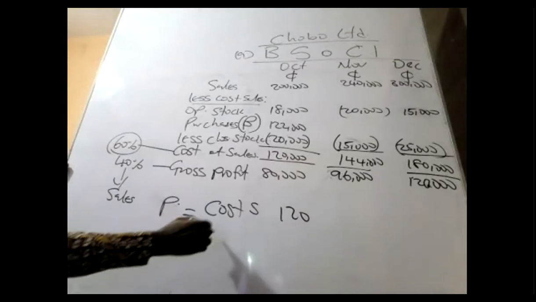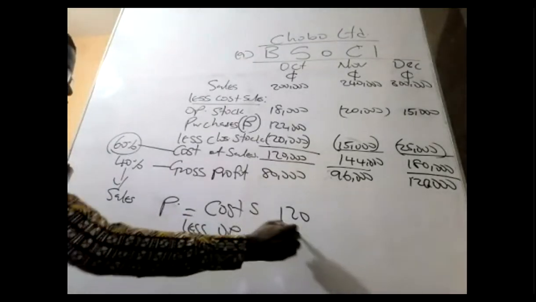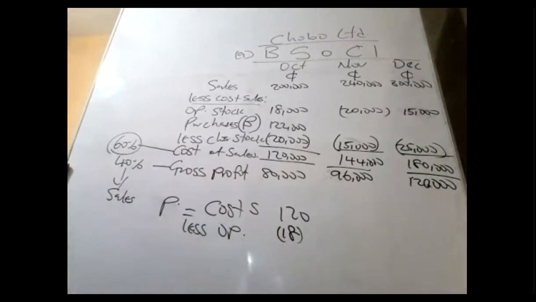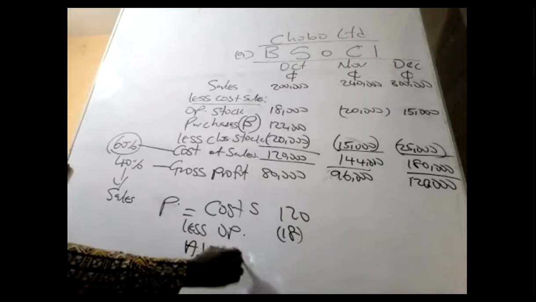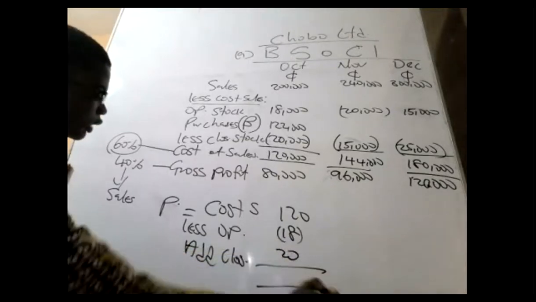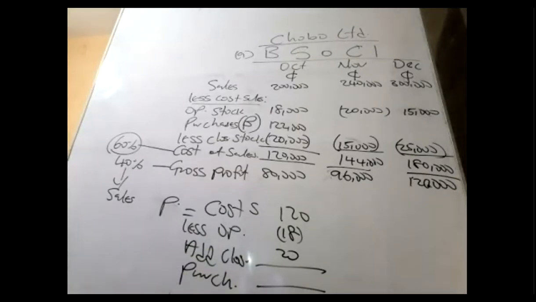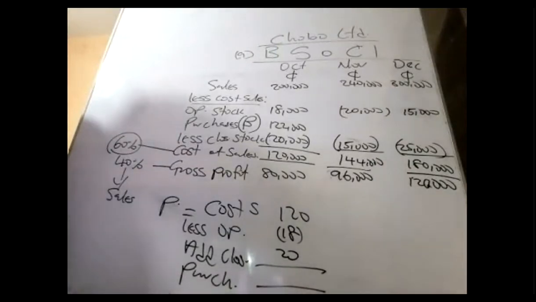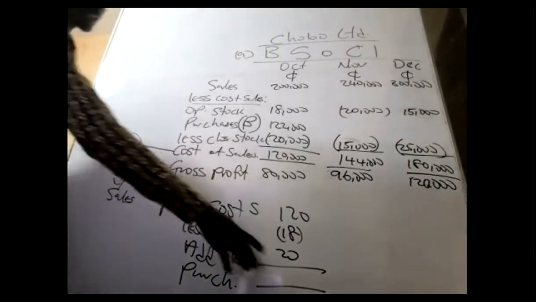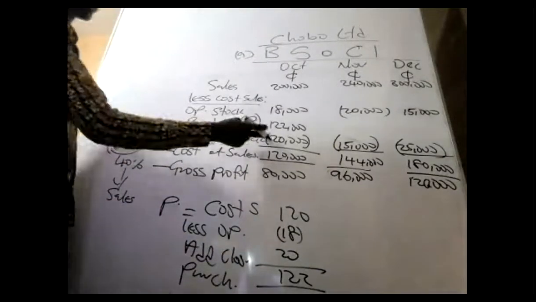Less the opening inventory, which is 18. Add back the closing inventory, which is 20. This answer is the same as the purchases figure. So 120 minus 18 will give us 102 plus 20. That's 122. Perfect. You come and put it in here.